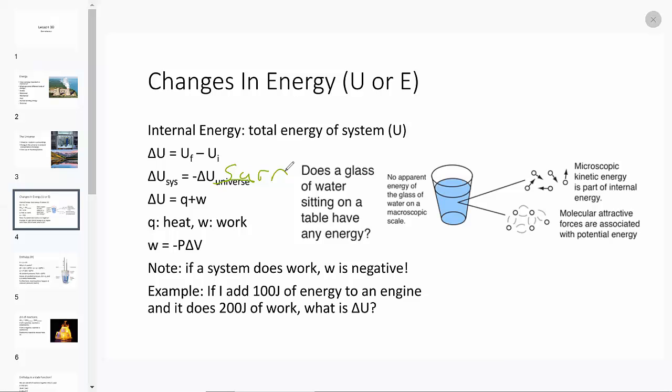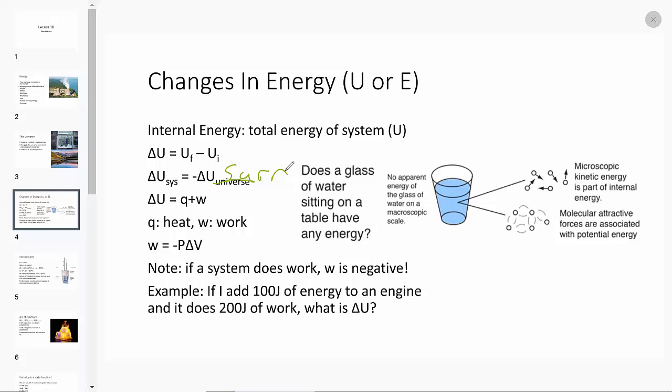And then work. You might remember work equals force times distance. But in chemistry, the most important kind of work, and there are so many different kinds of work, is what's called PV work. This is work done by expansion and contraction. Chemical reactions will produce gases or consume gases, which results in some contraction or expansion.